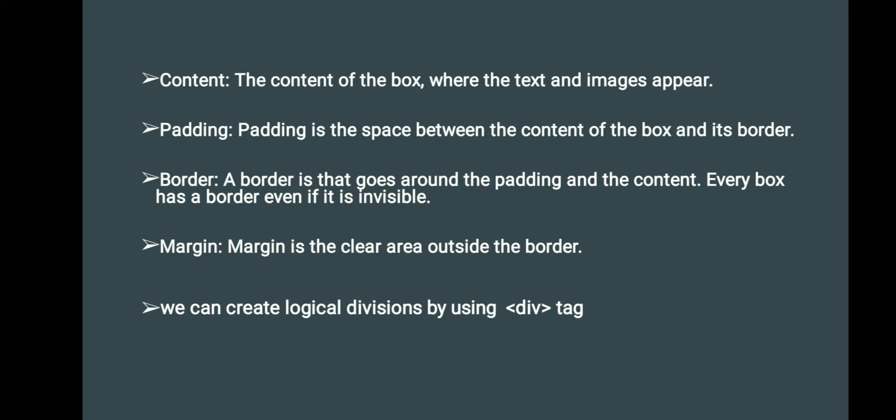The border attribute is used to specify the border around the content with different styles of border, and the margin attribute is used to set the margin value, that is the space around the border.